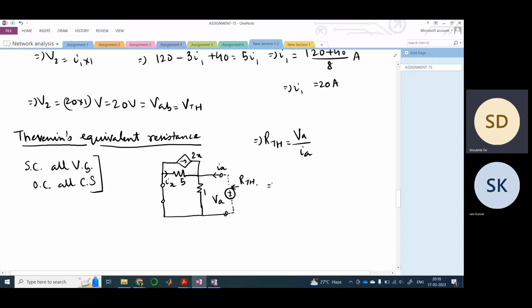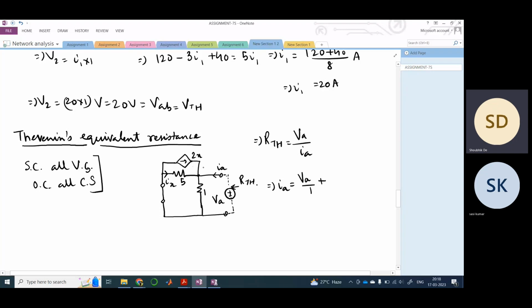Now what is IA? So if we apply here, right, what is the voltage here? It is nothing but your VA only, right, because this is connected across this only, so therefore the voltage across this resistance is VA. So VA by 1 plus, so there are two resistances, I mean, there are two paths basically.